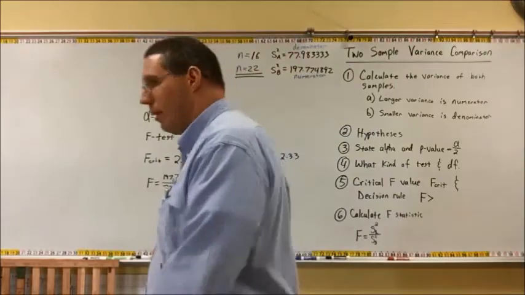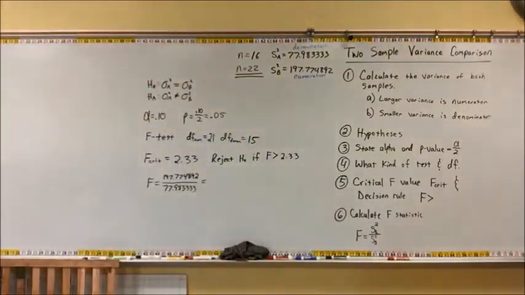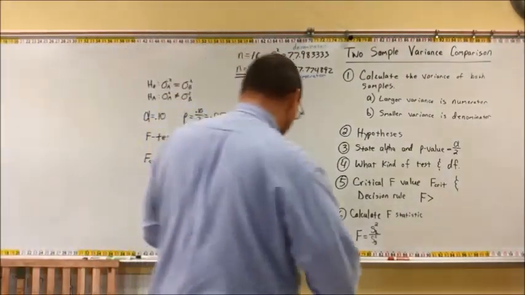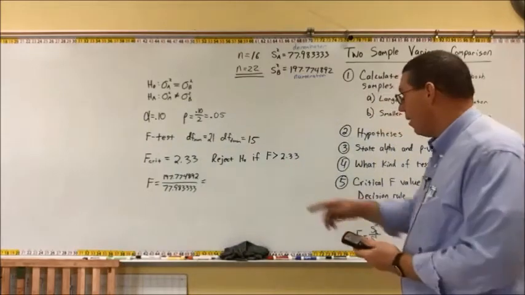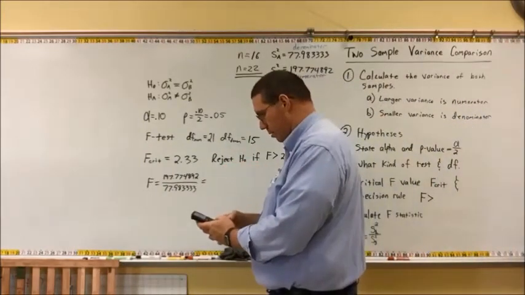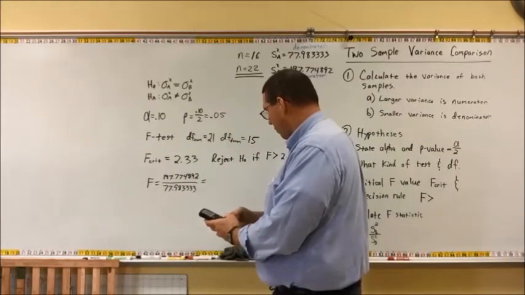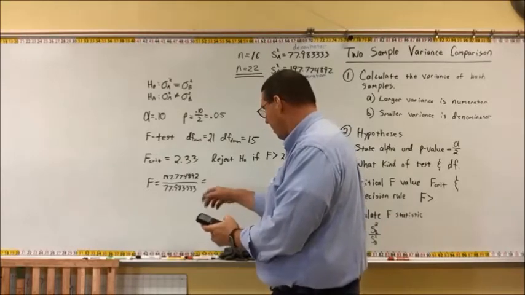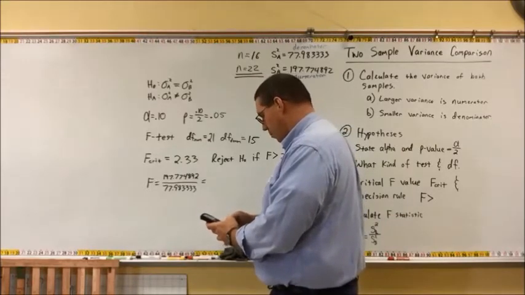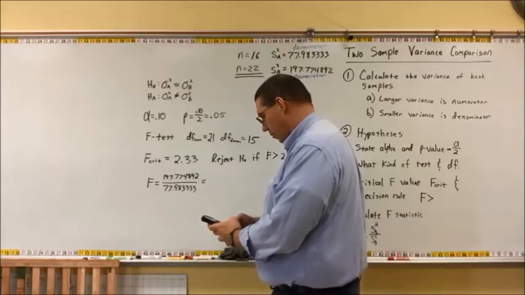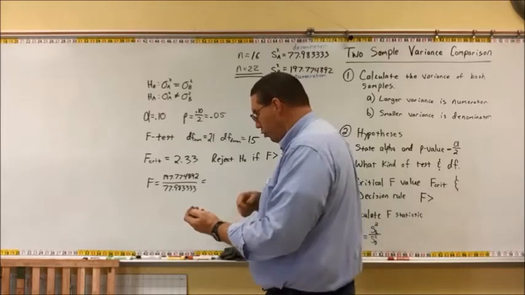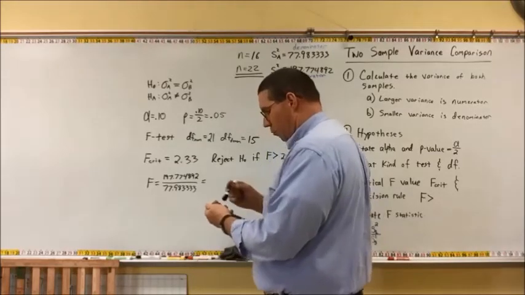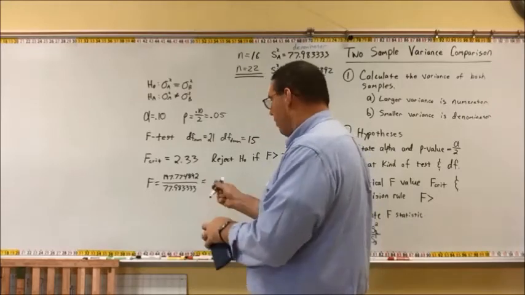So it's always going to be larger variance divided by smaller variance. So if I grab a calculator here, let's grab a calculator. And so now I'm going to do 197.774892 divided by 77.983333, and I get 2.54.